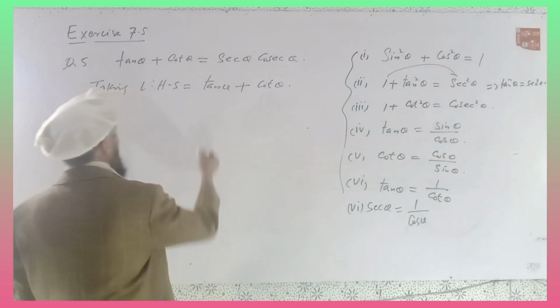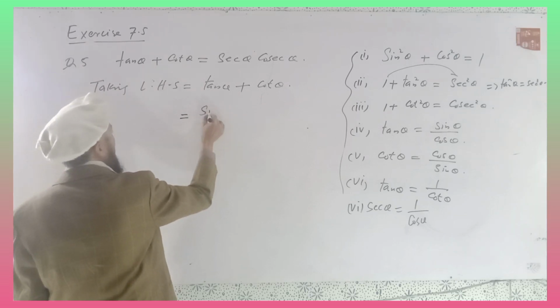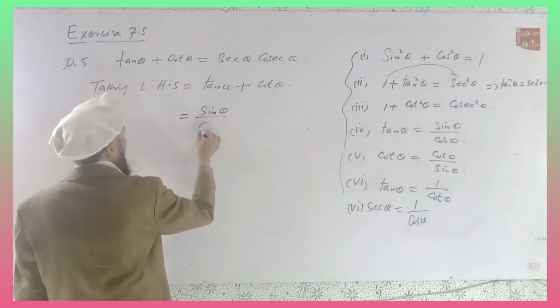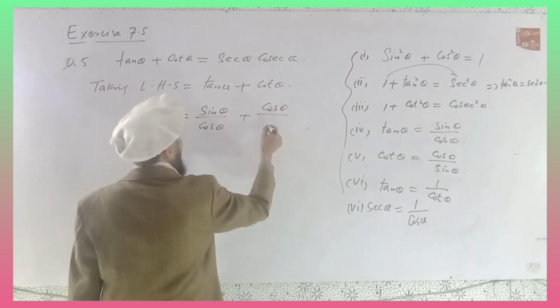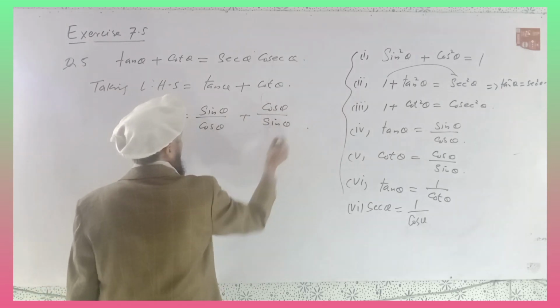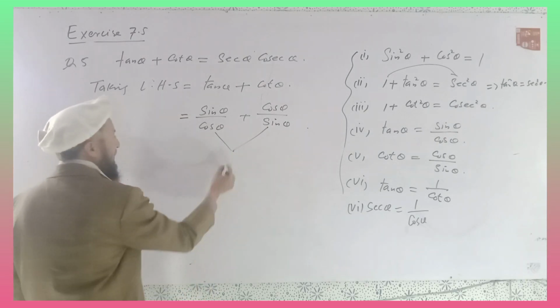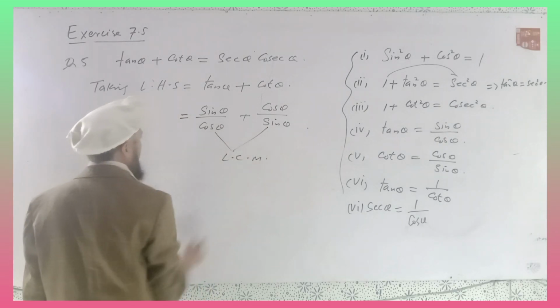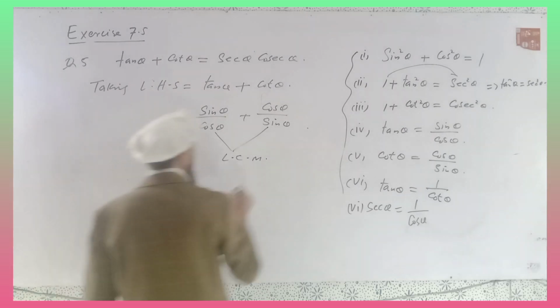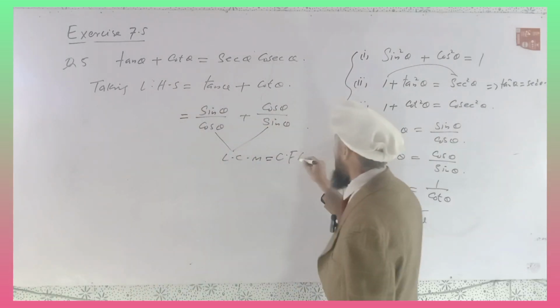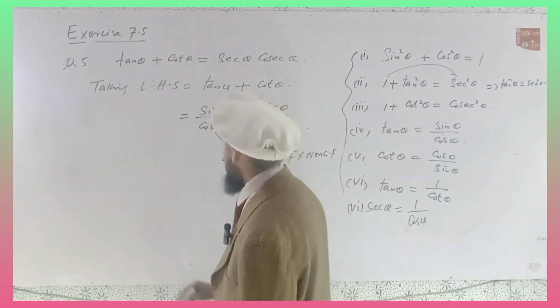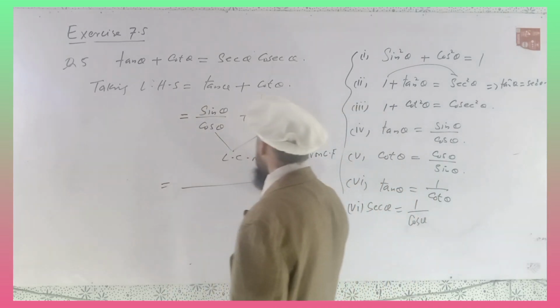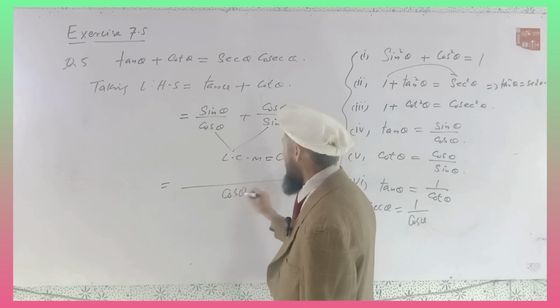So sin theta divided by cos theta plus cos theta divided by sin theta. Now taking LCM of this one. LCM means common factor multiplied by non-common factor. Now cos theta is common, so cos theta is the LCM.